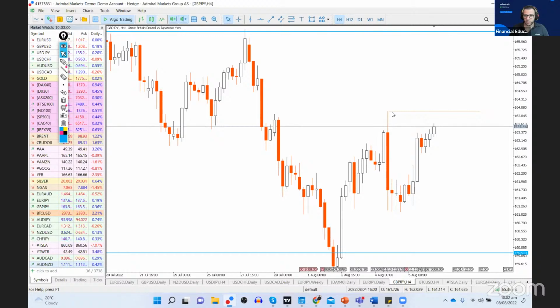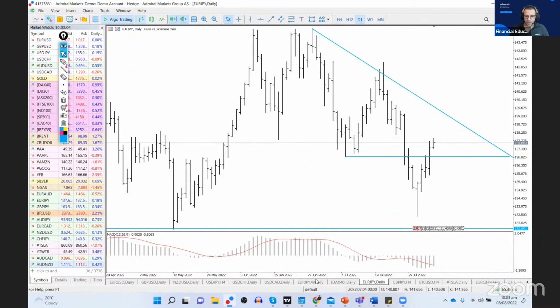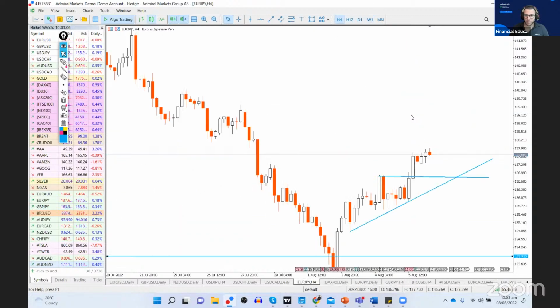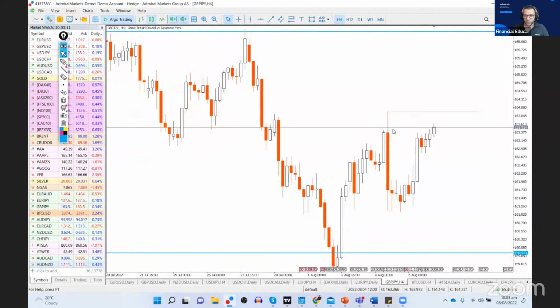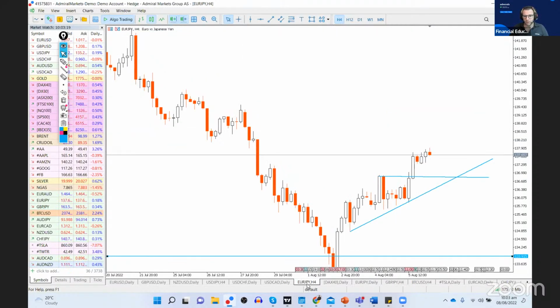Now, at this point, because we didn't make higher highs, if you see, guys, the euro yen on the 4-hour chart, we made clear higher highs. But on the pound yen, we didn't make higher highs on the 4-hour chart. So it's a lower probability setup, this one. So I would prefer to keep an eye on the euro yen if I want to buy.